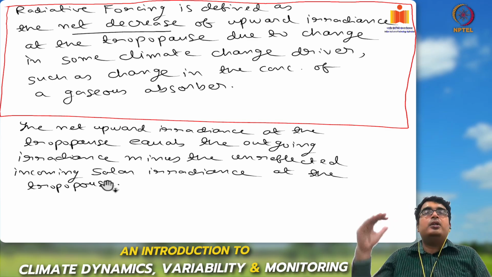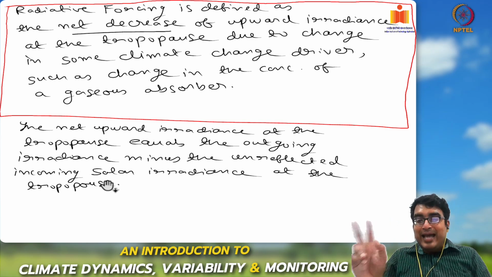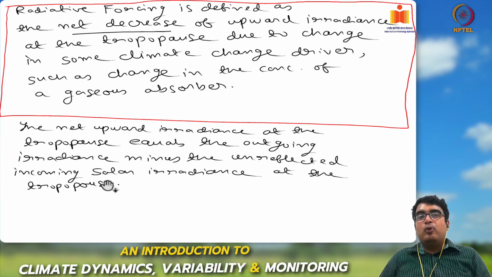The part of the incoming shortwave radiation flux which is not reflected but is absorbed by either the atmosphere or the surface of the earth. That difference is the net upward irradiance, and the decrease in the net upward irradiance is defined as radiative forcing.